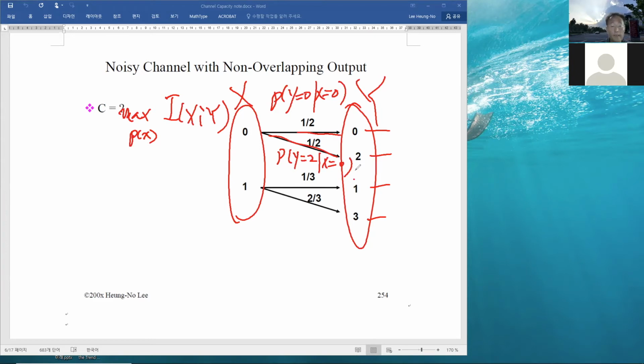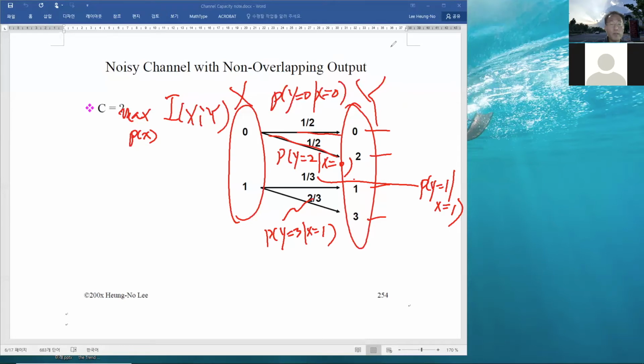And this one here is p of y equal to 3 given x equal to 1. And this one is p of y equal to 1 given x equal to 1. That's the conditional distribution, the channel that you are given. And then the question is, what is the capacity?